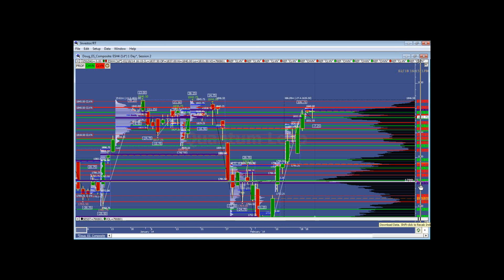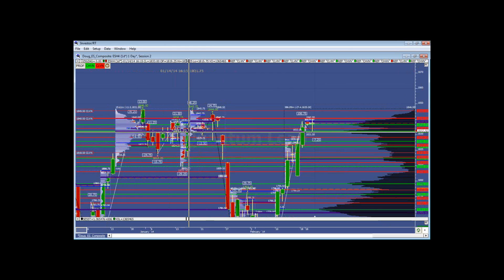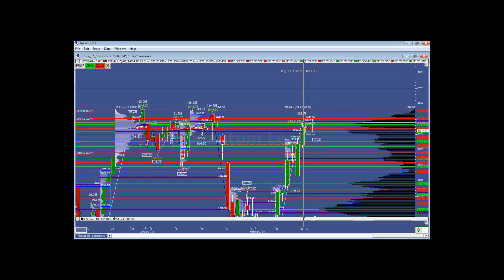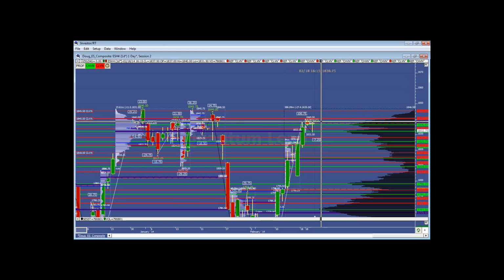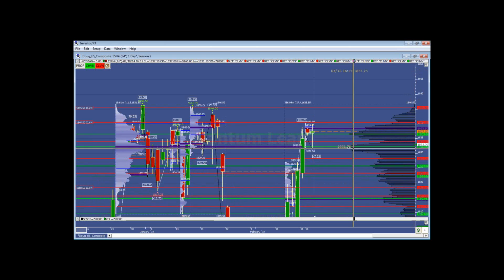So on the 2-day composite right now, we're back inside of this balance area around that 1832.50, 1832.25, and the last 2 days' most accepted price is back up at that 1837.50. So we're back to trying to hold value higher, and we were talking about that 1834 yesterday being key.